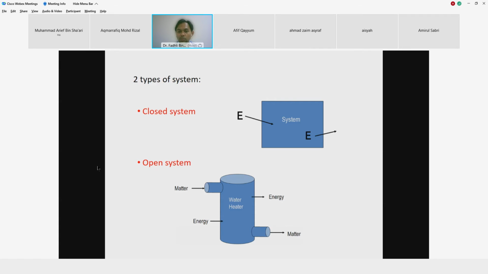But for open system, energy and matter, or mass, can be transferred in and out, since they have an inlet or door. That is the difference between closed system and open system. So right now, we have known the definition of the system, closed and open system.